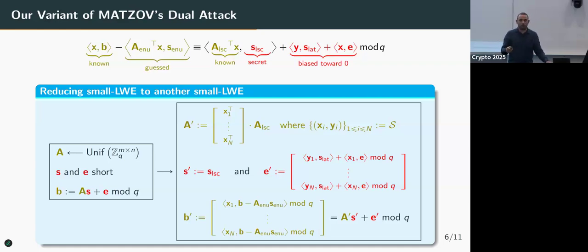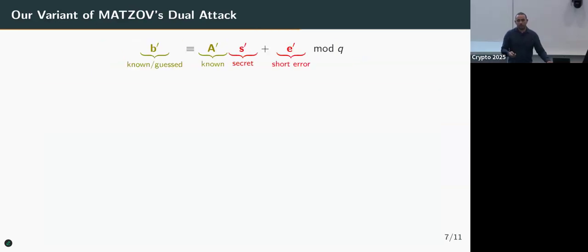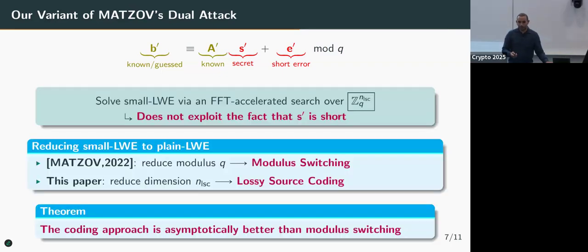We denote the parameters of this new LWE problem by A prime, S prime, E prime, and B prime, simply by concatenating the equations above and rewriting them, which gives the following equation, which is an LWE sample.